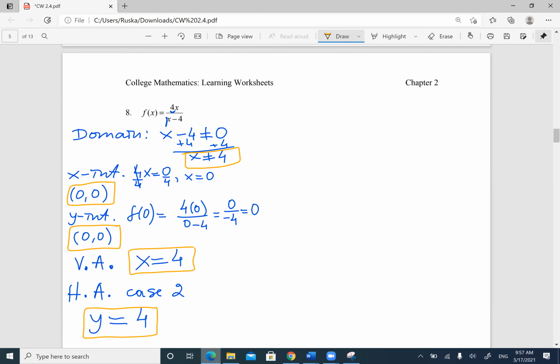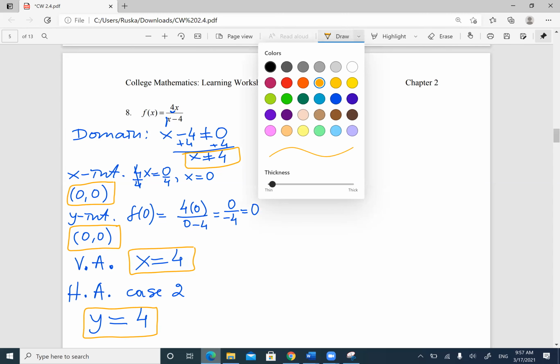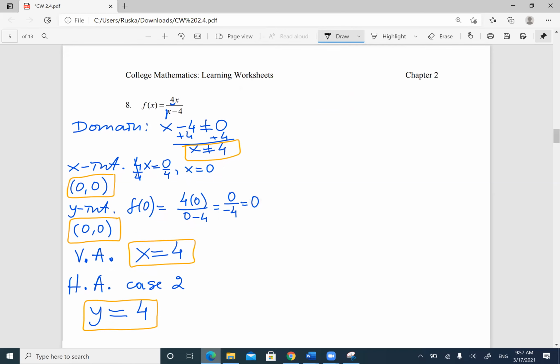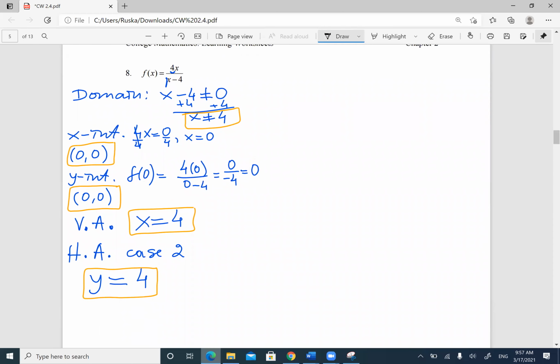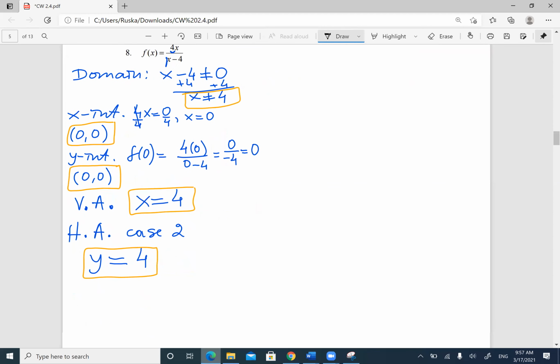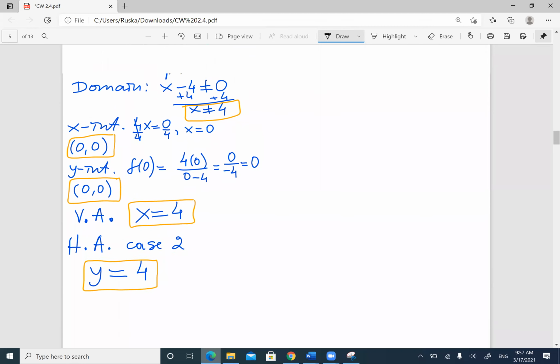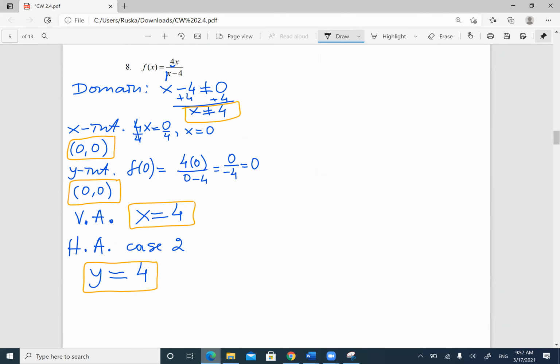Okay? So that's it. That's how you get all the steps you need to graph the function. So I have the domain, the x-intercept, the y-intercept, vertical and horizontal asymptote, and now we have to graph it. So how you graph it? We're going to start with x-axis and y-axis, right? The same way.